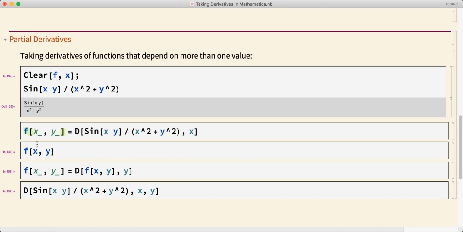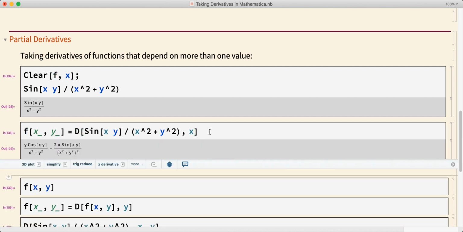In this line of code, I'm going to take the first derivative of the function. That's what this built-in function defaults to when I don't say anything other than x over here. So this says, hey, take the first derivative of this expression with respect to x only. Okay, so let's go ahead and evaluate that.